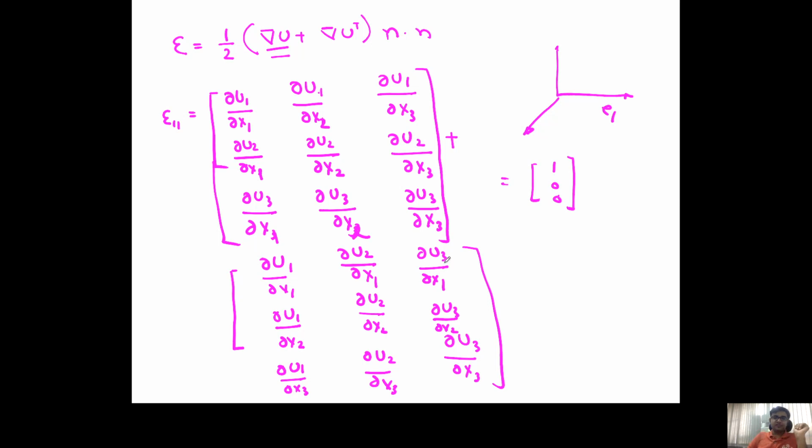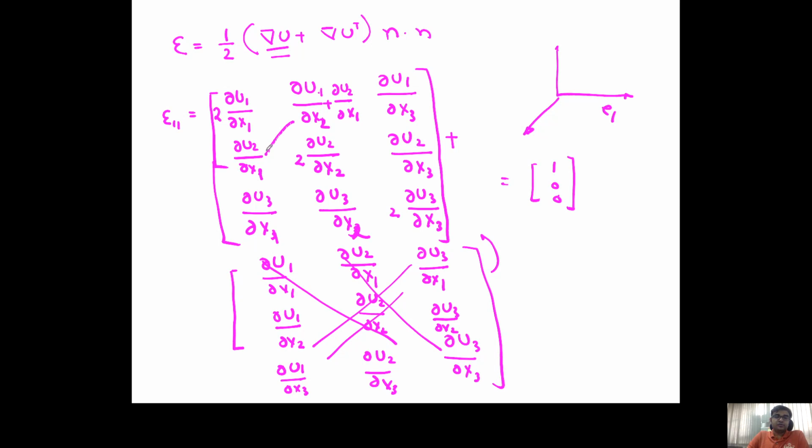And if you do the addition, you will get a symmetric matrix. I'm trying to save space, but I cannot, so I have to write it here only. The diagonal terms will become twice when I'm doing the addition. So this becomes twice, and this becomes del u2 by del x1 plus del u1 by del x2.